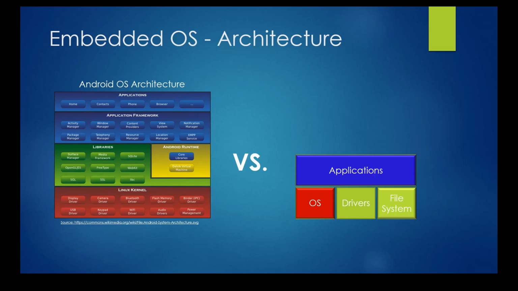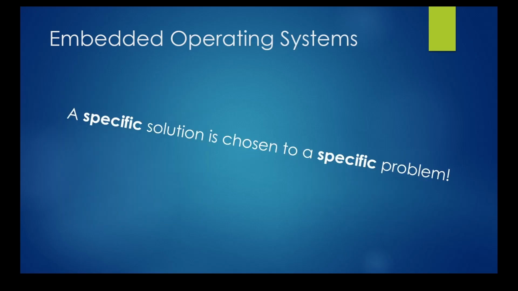In the block diagram on the right, the drivers and file system work like libraries to the applications, while the OS can, for example, only schedule and synchronize threads and have a minimal role, unlike the manage-all systems. So you can expect very different architectures, with those being only examples. And as always in embedded systems, the solution designer has to choose the right solution for the defined problem at hand.